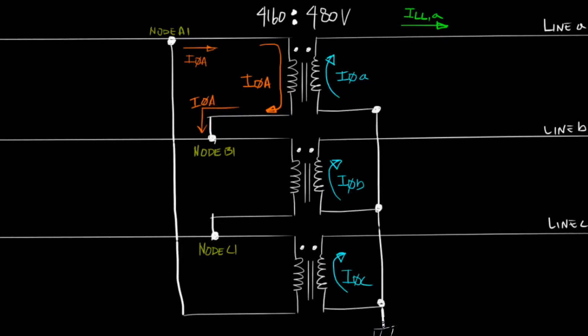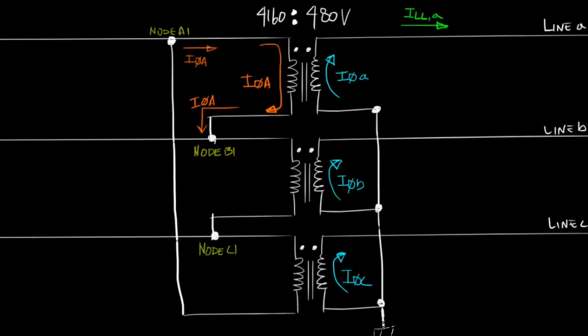This makes visual sense, right? Since we define primary phase A current as the current that flows into the polarity side of winding A and out of the non-polarity side of winding A, the current that comes out of node A1 and the current that goes into node B1 is the same primary phase A current.